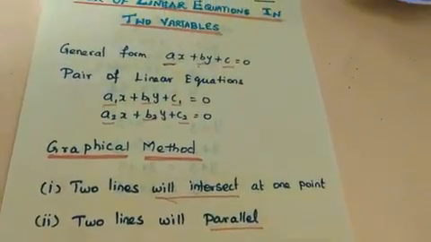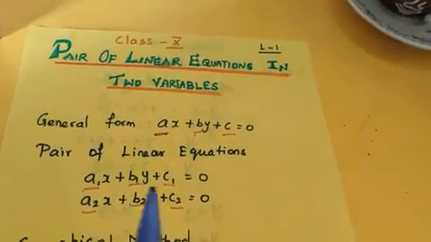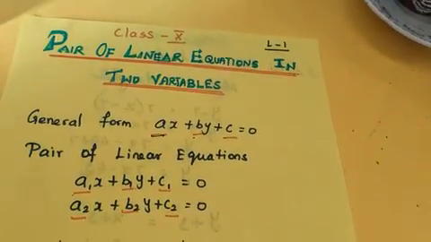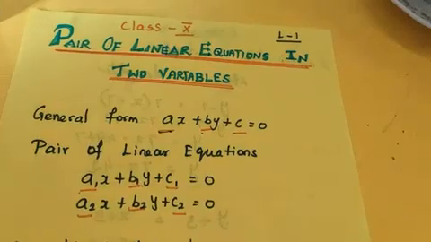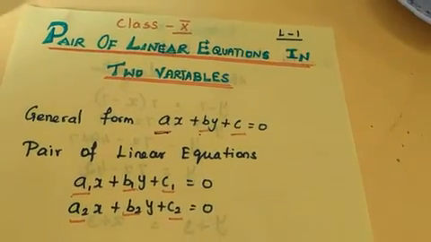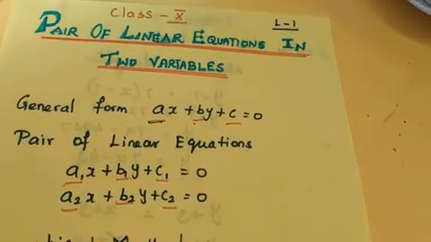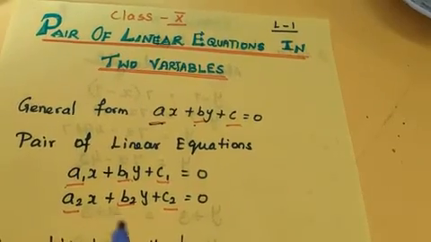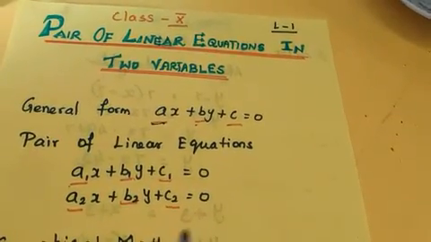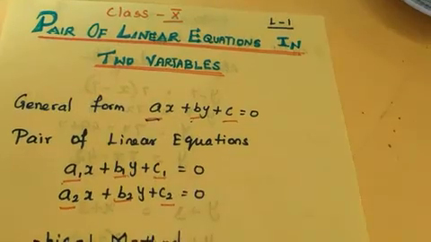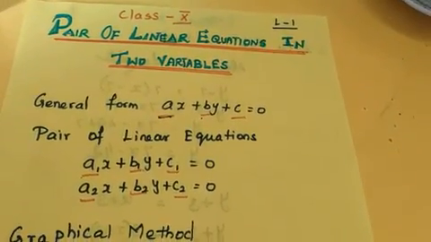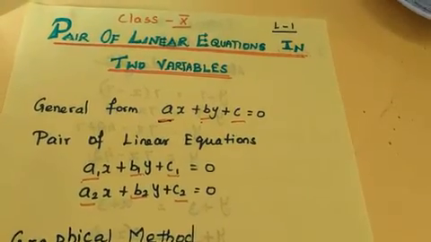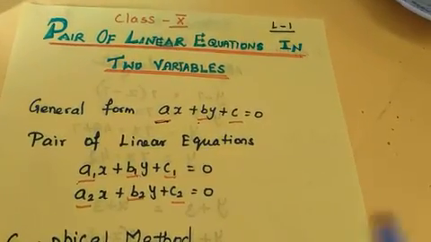The next point is where we are using this pair of linear equations. This is a normal case. Whenever we are going to buy something, we will not buy immediately. We will verify with another shop. Suppose we go to one shop, we will check whether we can get it cheaper elsewhere. So we will go to 2-3 shops. Nowadays it has become online shopping, so online also we will verify from one website to another.